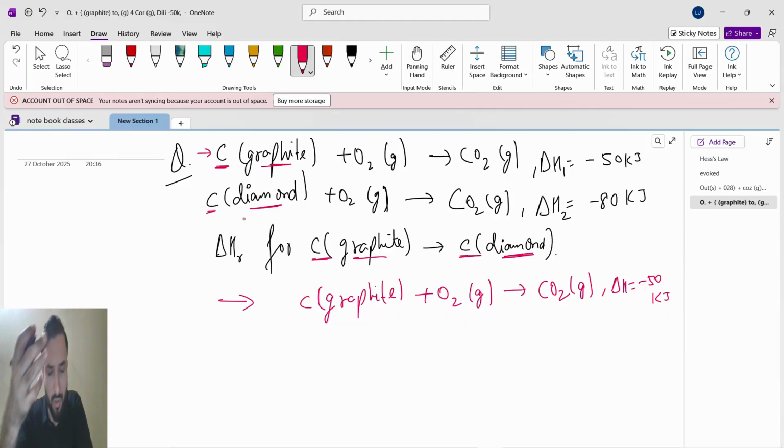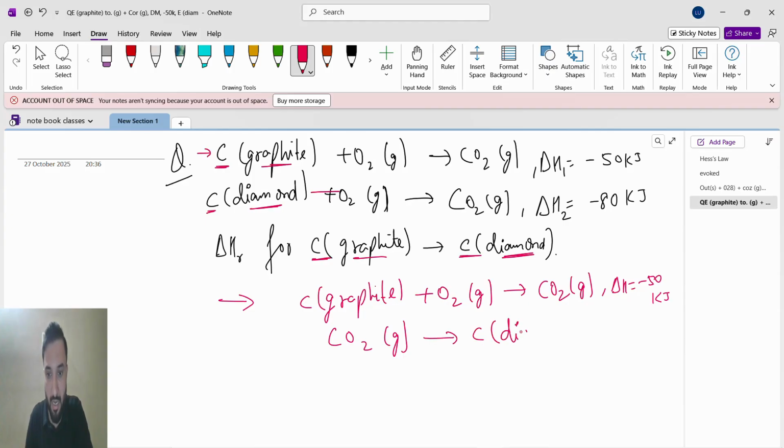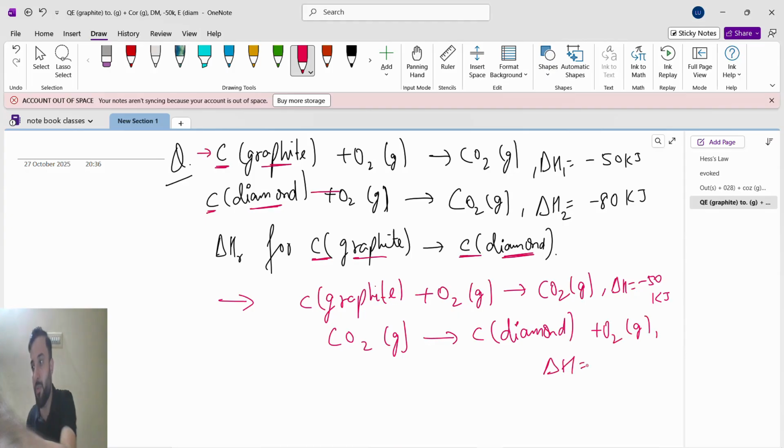So what we will do? Yes, we will do ulta. We will do opposite. So when we do opposite, we will get the CO2 in the gaseous form, it will give carbon in the diamond form plus oxygen in the gaseous form. So what will happen for the delta H?